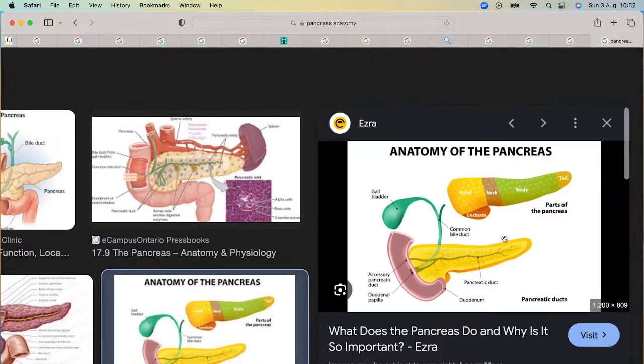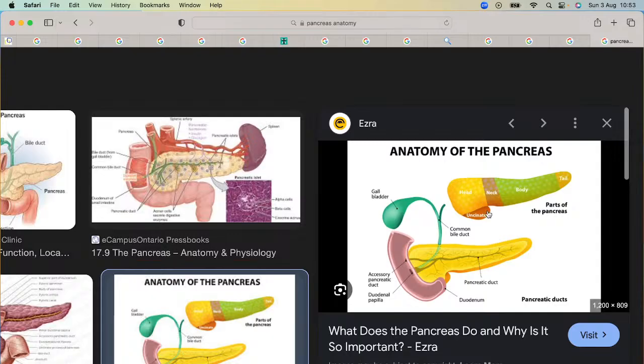Now the basic structure of the pancreas: we have the head, followed by the neck, body, tail, and the uncinate process. There isn't really a functionality for the uncinate process, but it's almost a small tail that hangs from the head.